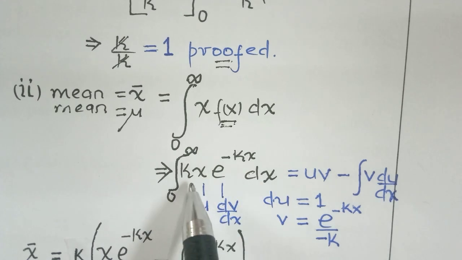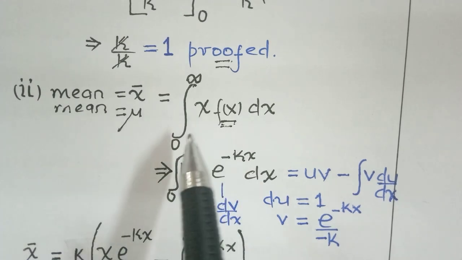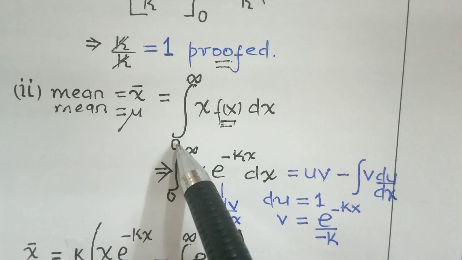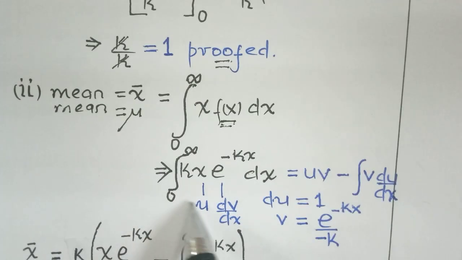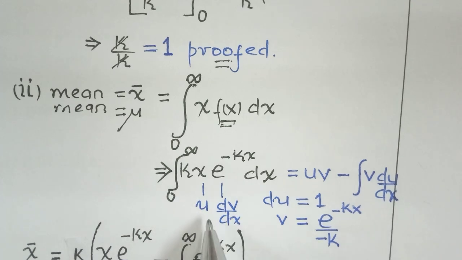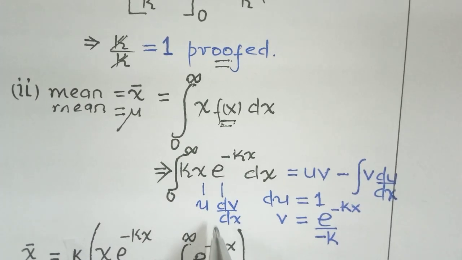Now, because for the mean we are integrating from 0 to infinity, we do what we call integration by parts.